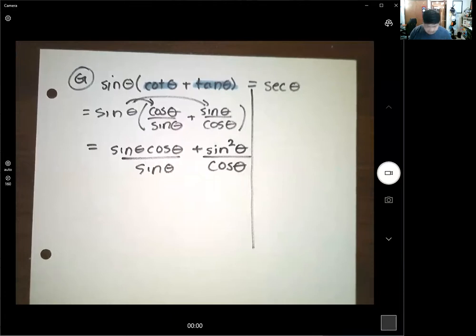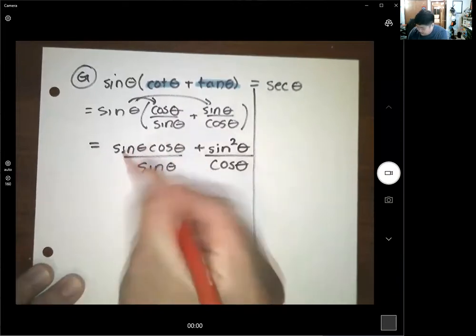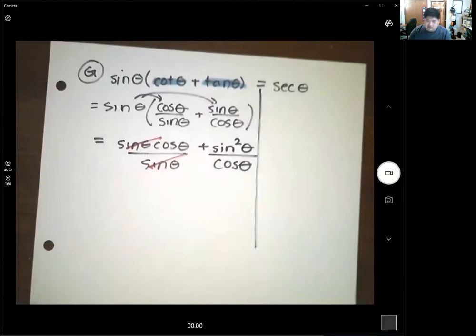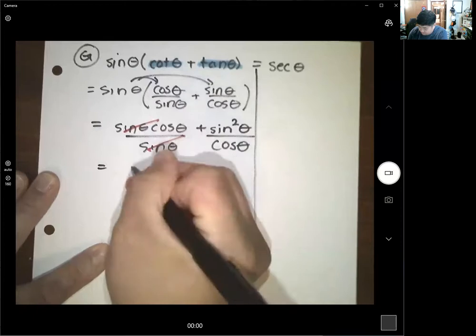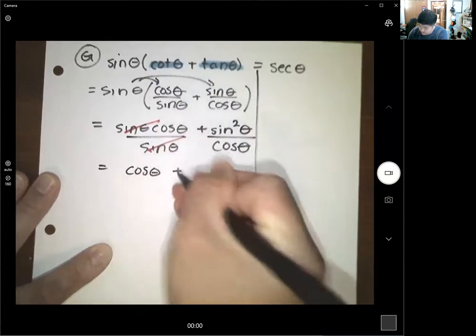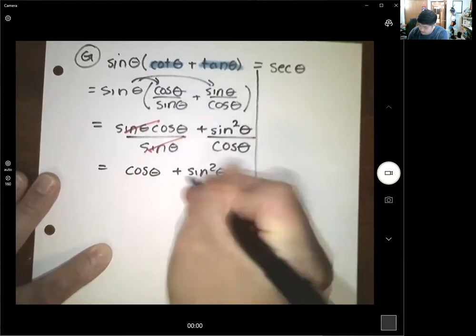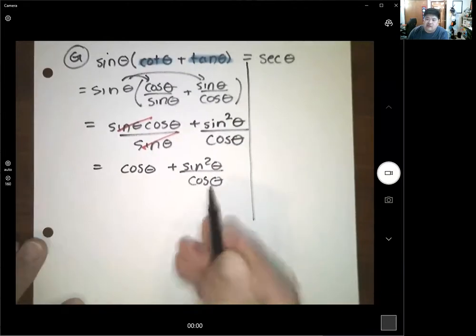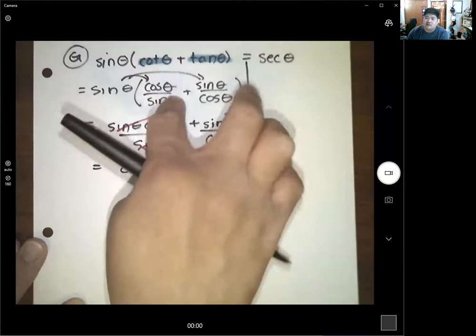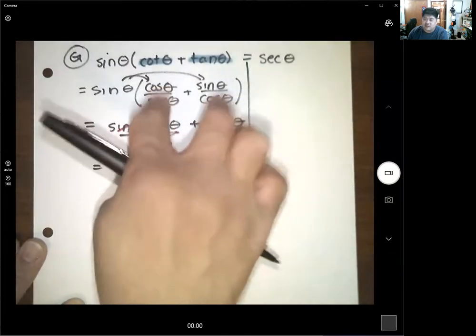Now, usually I wouldn't divide something out midway, but if I divide that out, sine of theta over sine of theta, in this term I have cosine of theta plus sine squared theta over cosine of theta. Then there's only a cosine of theta in the denominator instead of there being a sine of theta and a cosine of theta in the denominator.